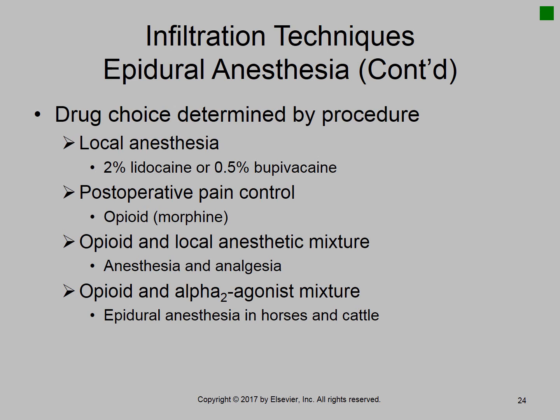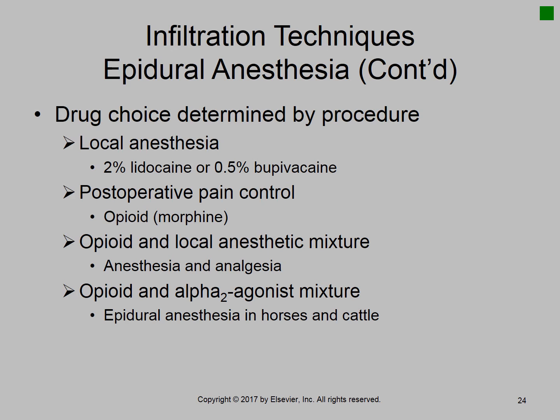The drug of choice is going to be determined by the procedure. For local anesthesia, you can use 2% lidocaine or 0.5% bupivacaine. For postoperative pain control, you can use an opioid, morphine, Astramorph. If you're not familiar with that drug, Astramorph is a trade name for preservative-free morphine that can be used for intrathecal or epidural administration. You can use, obviously, a combination, an opioid and a local anesthetic.